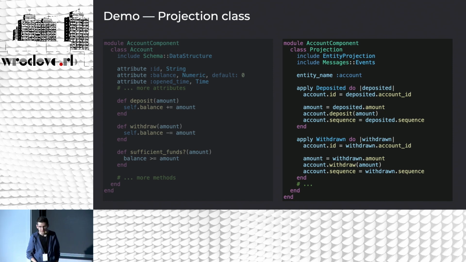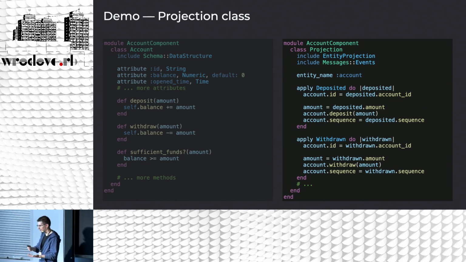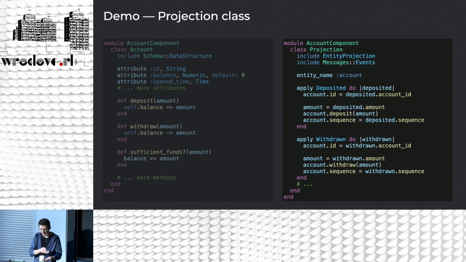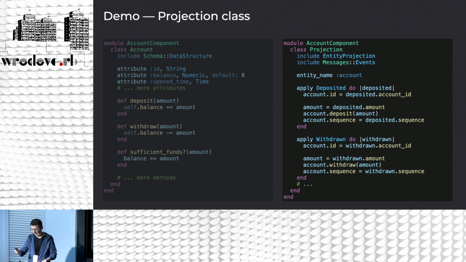Okay, so it's actually a sequence. It's the number of an event within this stream. So you just have the idea in which, let's say, version this account is in here. So it's actually just a number. It's just a sequence of the event in the event stream.